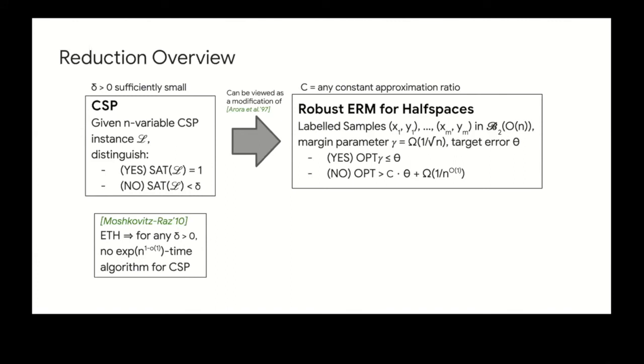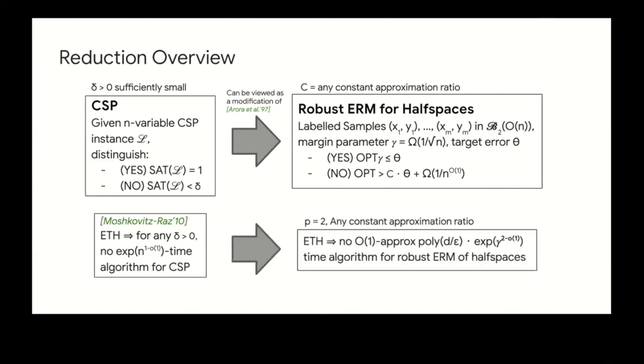This is by the nearly linear size PCP of Moshkovitz and Raz. This indeed implies the lower bound of exponential in 1 over gamma squared to the 1 minus little o of 1 for our problem as well, since now our gamma is 1 over square root of n. Okay, so that's all I would say for the second reduction.